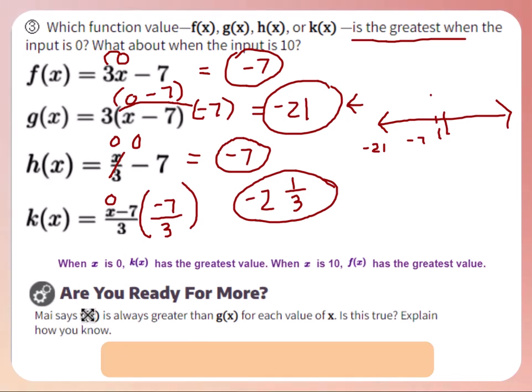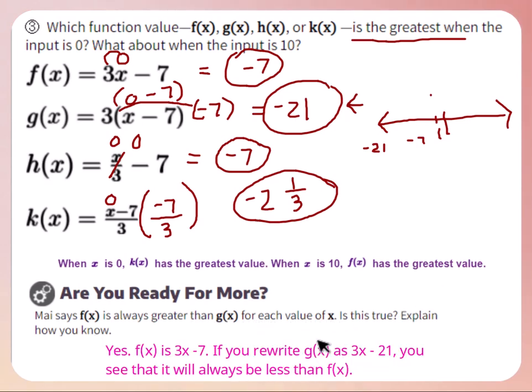The question says that f of x is always greater than g of x for each value of x. Is that true? Yes, f of x is 3x minus 7. If you rewrite g of x as 3x minus 21, distributing the 3 into both terms, you will see that it will always be less than f of x.